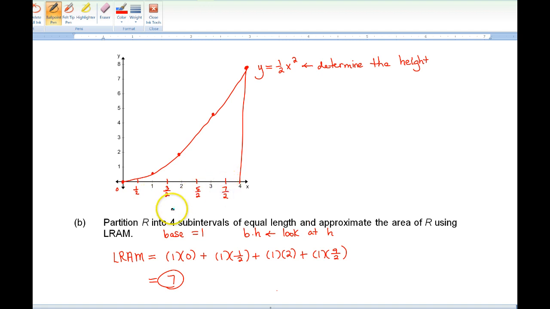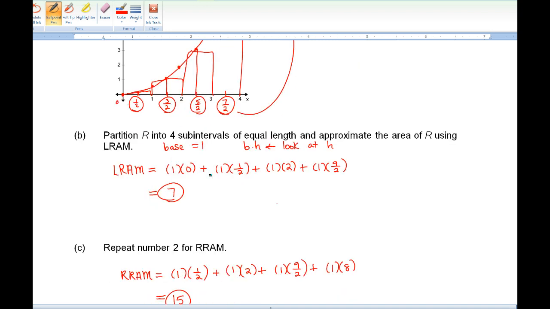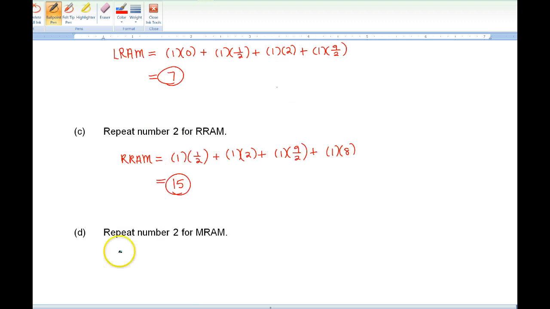So each of these values will get plugged into y equals 1/2 x squared, and that determines the height of these rectangles. Okay, and so on. So MRAM, and the base hasn't changed. Base is going to stay the same for all of these. So it's going to be 1.